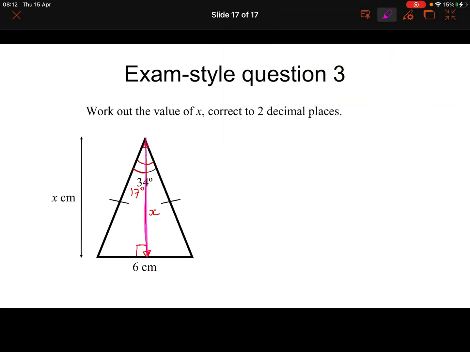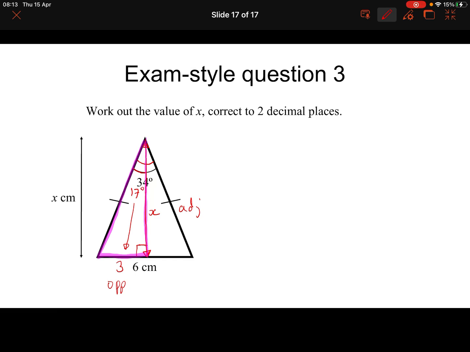Here is the right-angled triangle. So we know that x is the adjacent side. And we also know this length, which is the opposite side, and we know that it's 3 centimetres. We know it's half because we're cutting an isosceles triangle in half.